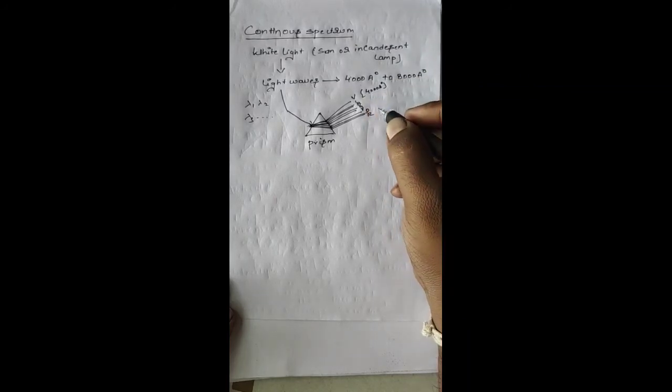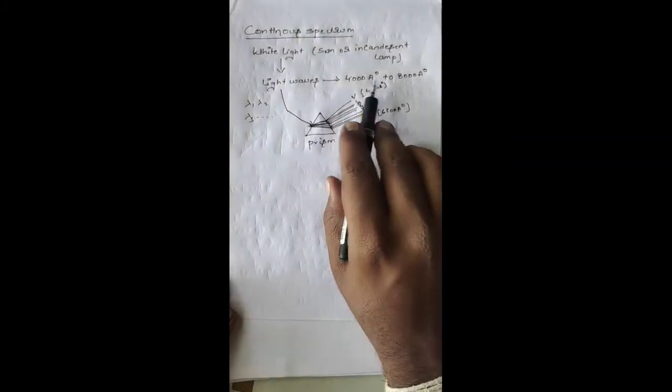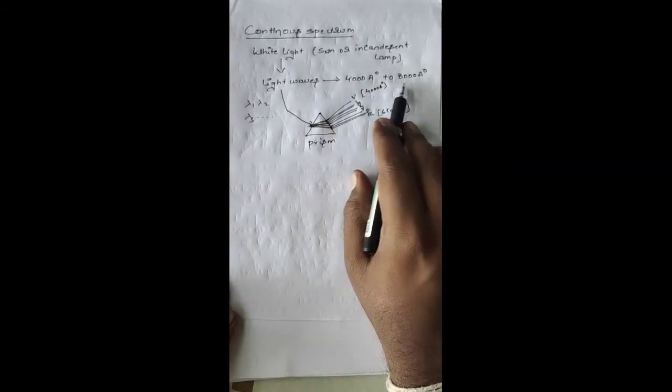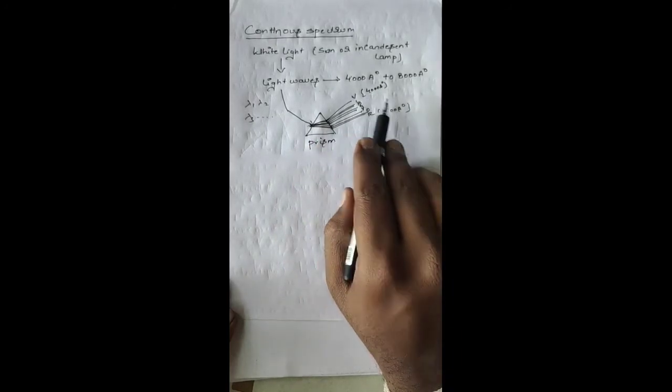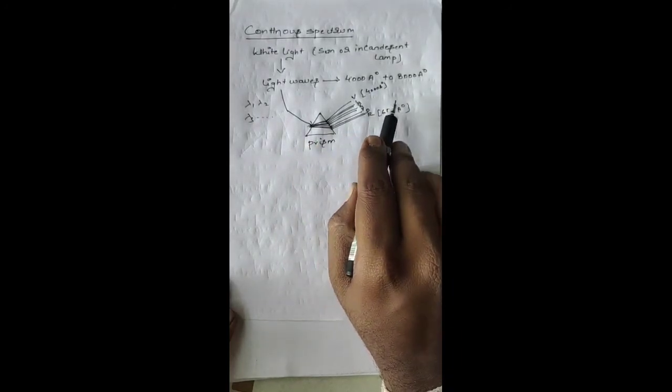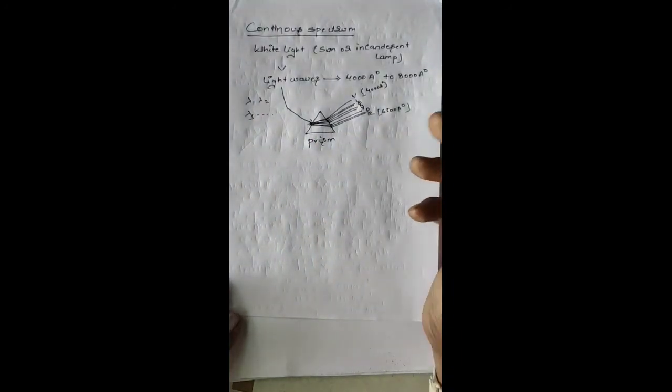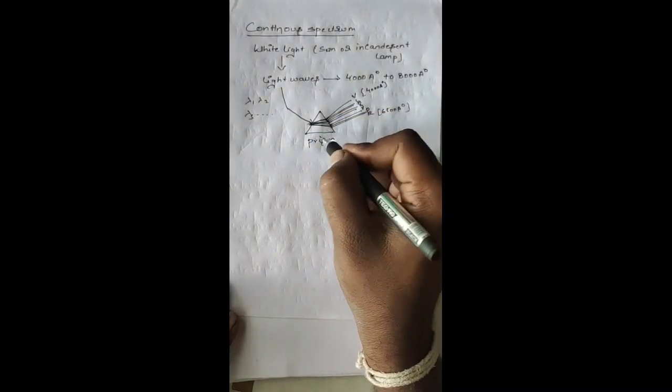Red shows 6500 Armstrong. You can ask me, sir, you told that white light is 4000 to 8000 Armstrong, but you are getting 4000 to 6500. What about the others? Some of the light is absorbed by the prism.